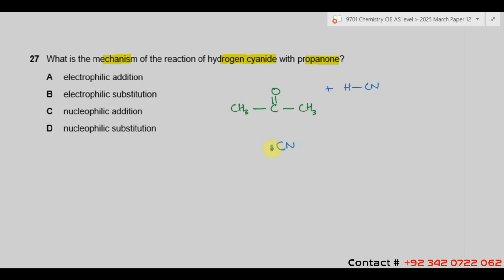CN is a nucleophile. It will attack the partial positive carbon, and these electrons will go to oxygen.